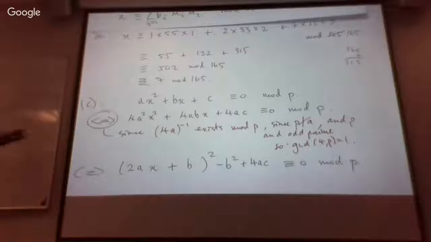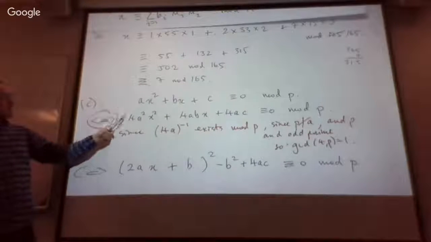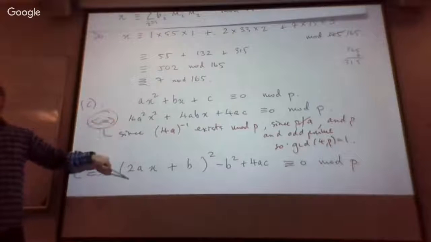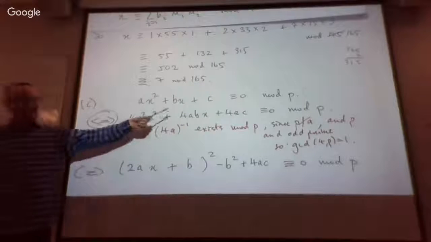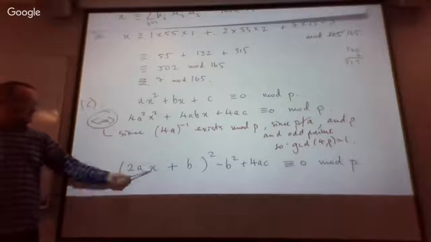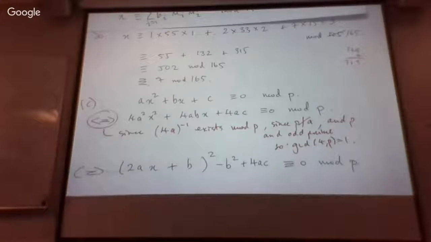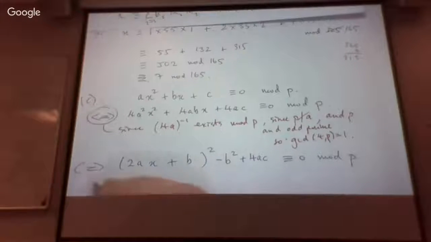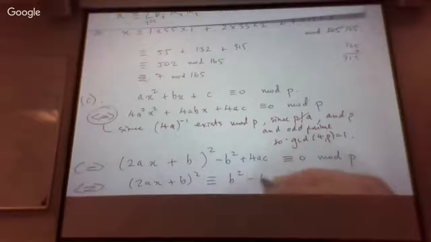But at the moment, it's just plus 4ac, because that's what it is up here. So all I'm doing is just symbolically rewriting the polynomial on the left-hand side. But I've done it in such a way that there's no longer an x squared and an x appearing separately. I've just got a single x. Okay, it's squared. But now I'll be able to start to make x the subject of this equation. So this is equivalent to this bracket squared being congruent to b squared, see, the minus b squared becomes b squared minus 4ac modulo.